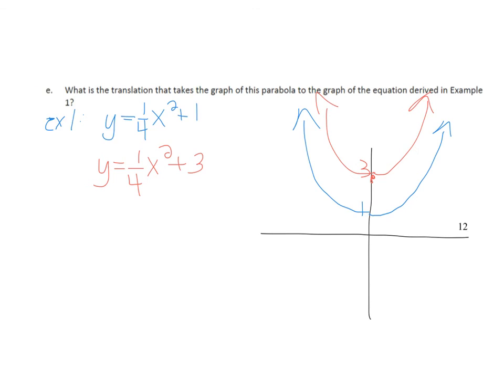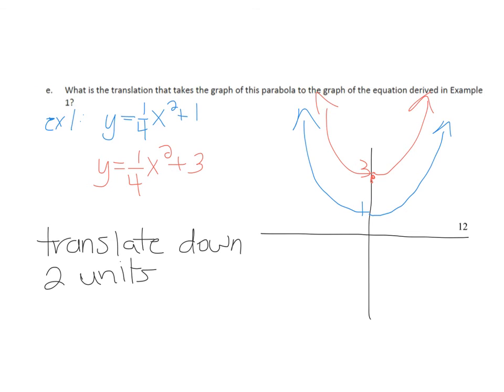Hopefully you see right away that the translation we'll need to obtain the same graph is just to translate down 2 units, since they are roughly the same graph except for where they're starting. This one starts at positive 1 and this one is opening from positive 3.